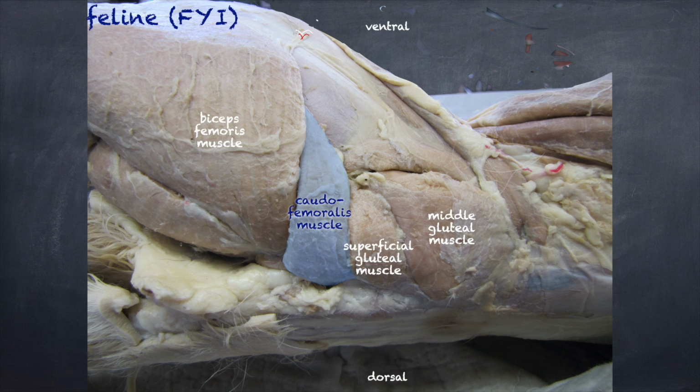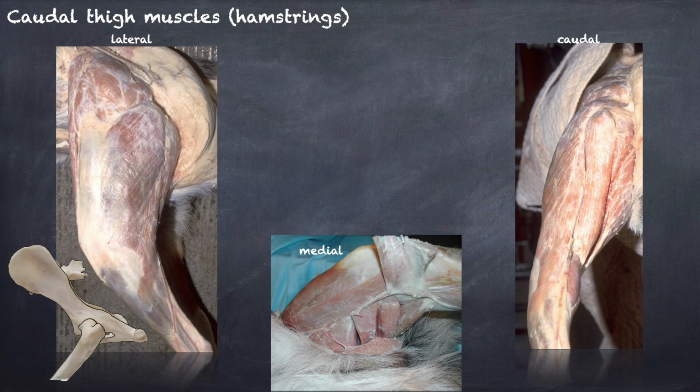They're fast twitch. So they should fatigue quickly. These are still fast twitch, but they don't fatigue. And so these are involved in the propulsion of the animal. And it's just a unique thing to the cat, that they're fast twitch, but they don't fatigue like fast twitch generally do. Cool stuff. Okay, let's move back to the caudal thigh muscles now.